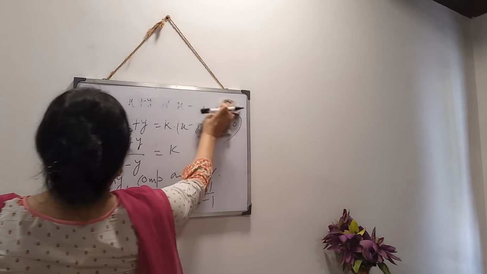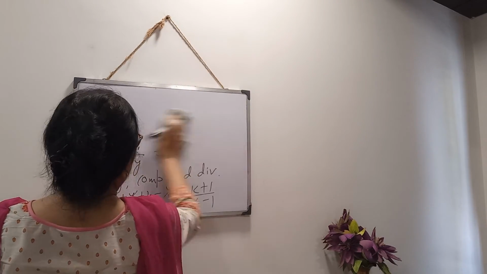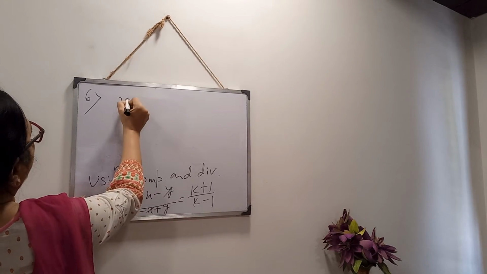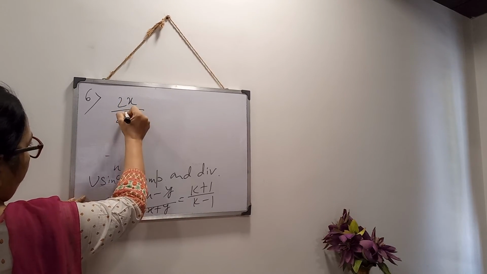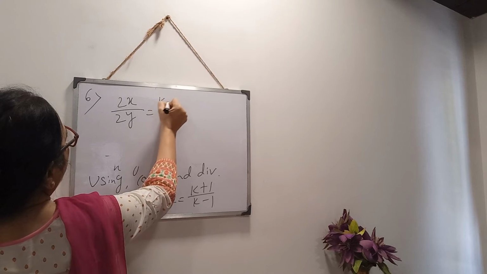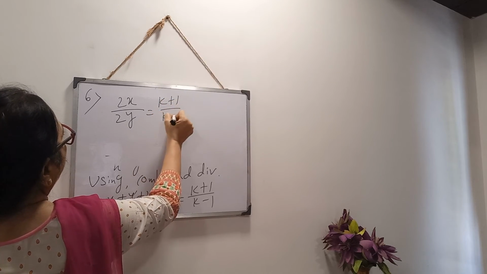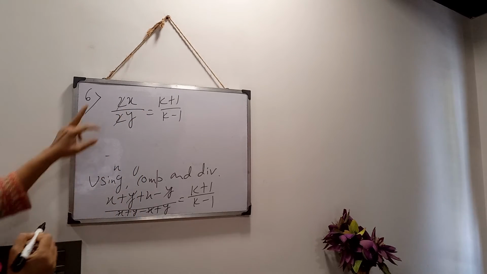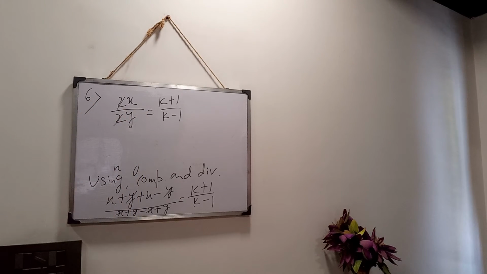So we are getting 2x by 2y equals this. Finally we are getting x by y equals a constant. Clear?